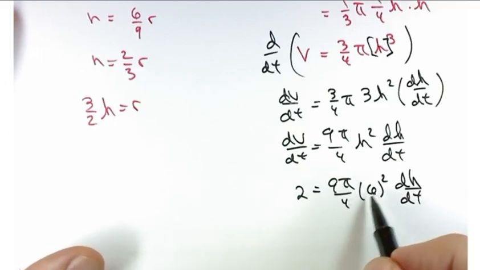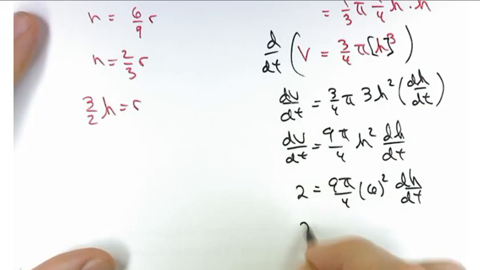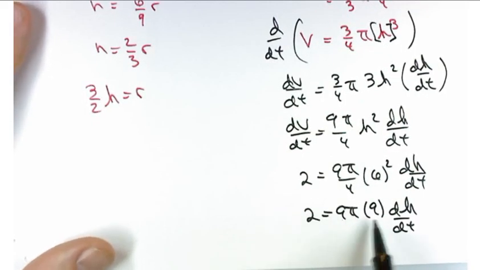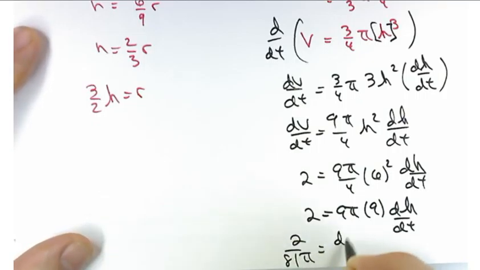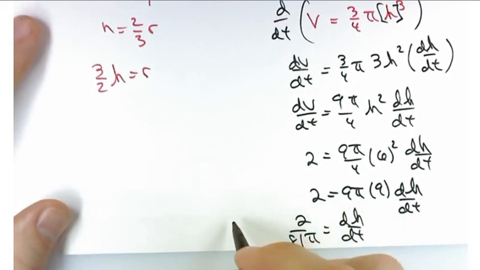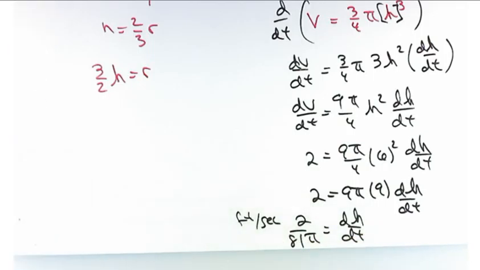So 6 squared is 36. 4 goes into 36 9 times. I get 2 equals 9 pi times 9 again, dH/dt. That's 81 pi. So overall, I get 2 over 81 pi equals dH/dt, and that would be in units of feet per second. It's linear because height just has one dimension.